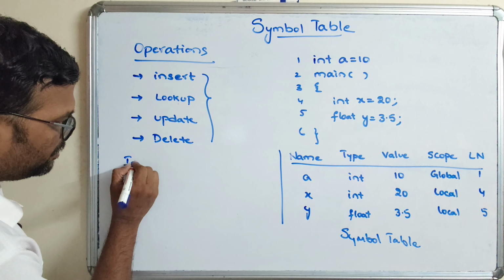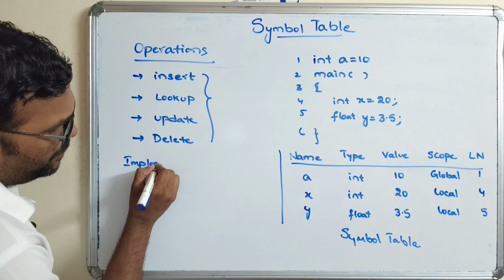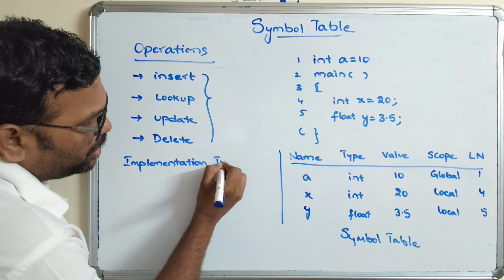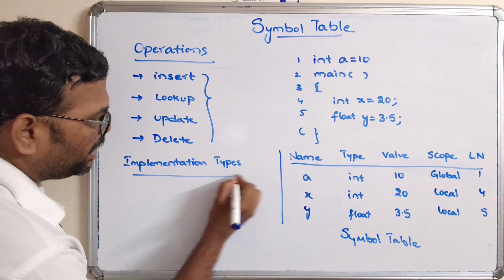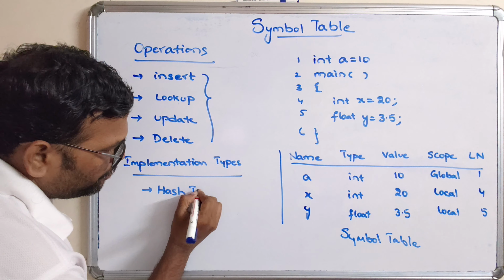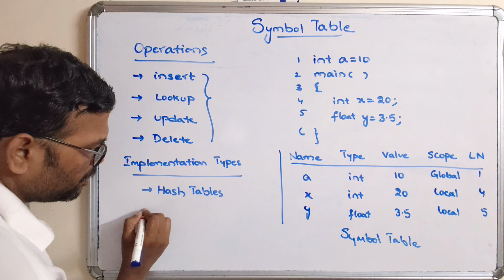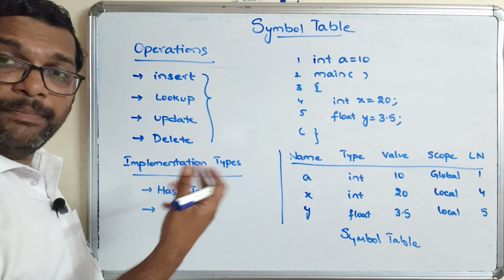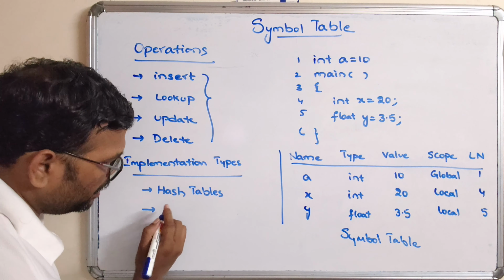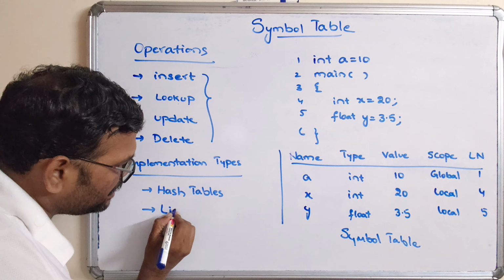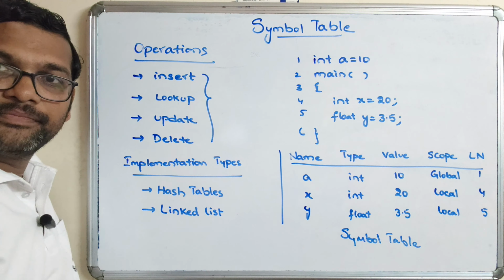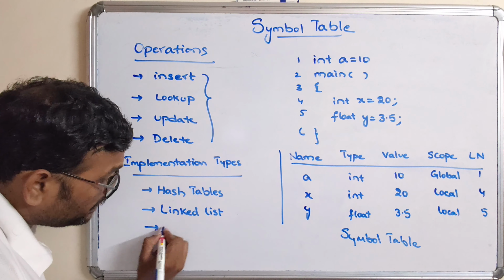Now, in how many ways can we implement this symbol table? It can be implemented using hash tables. So different data structures can implement the symbol table: hash tables, similarly linked lists, and then trees.